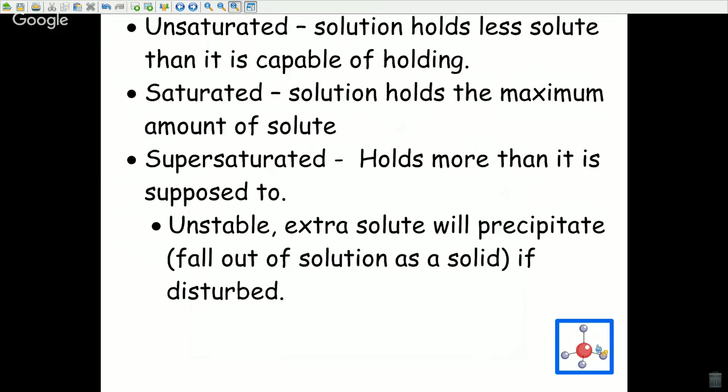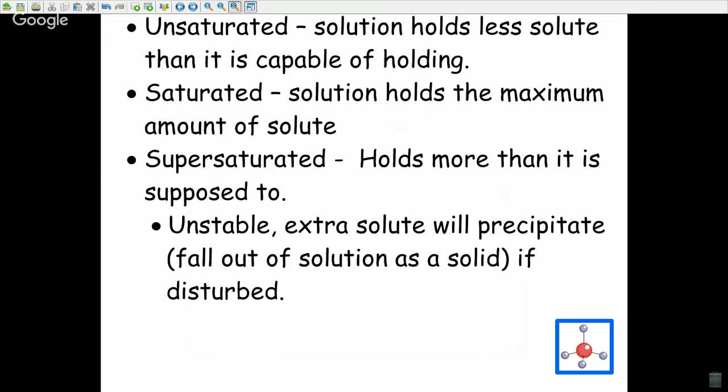And a good example of this would be the hot ice demo, which you can see here. So by dropping a little crystal in there, it's actually going to cause it to form a solid.